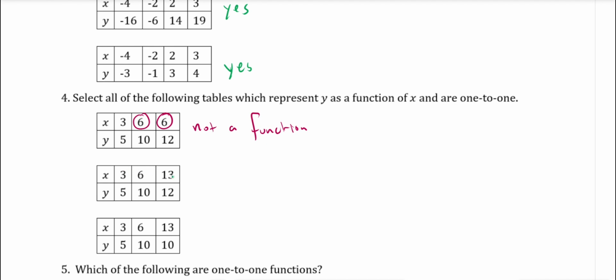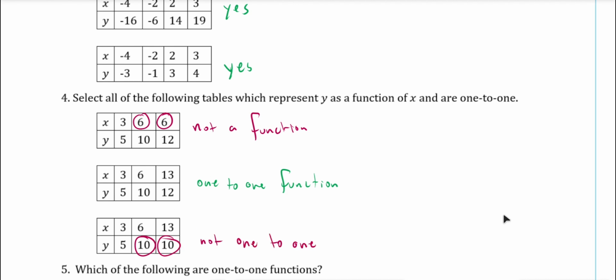This one here has distinct x's, distinct y's, so this is a one-to-one function. This one here has two outputs of y which are the same for two different inputs of x, and so this one is not one-to-one. It is a function, but it's not one-to-one and wouldn't have a function inverse.